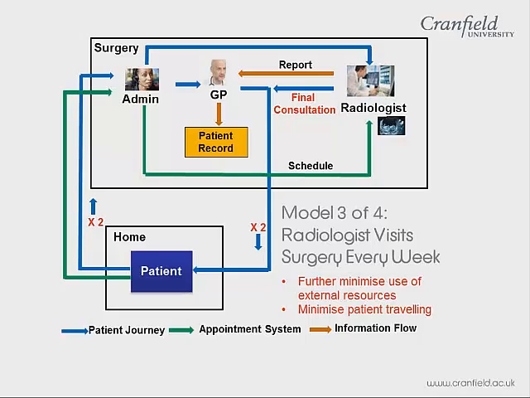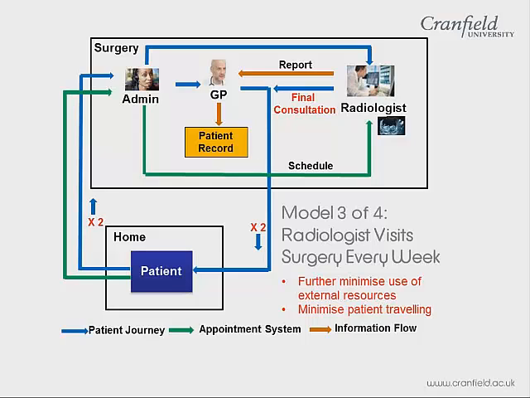So initially they'll go and have an initial assessment, and then they'll meet the radiologist, who will report to them instantly. So the advantage here is they don't have a radiographer, but the GP has the skill to do the scanning. And another advantage is the patient doesn't have to travel as much as some of the other models.